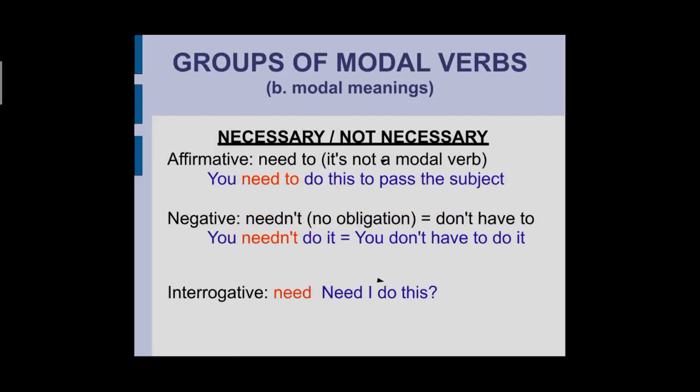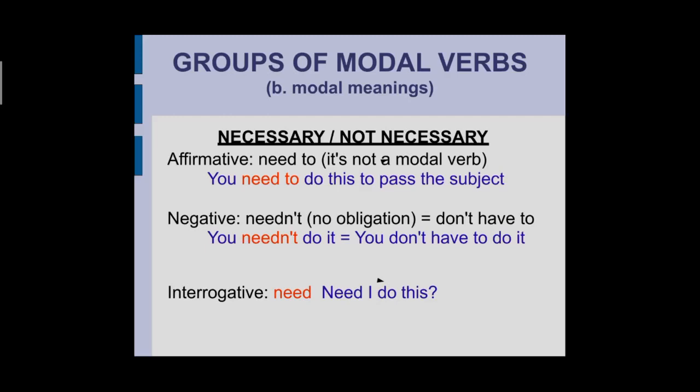Now necessary and not necessary. ये डिटरमाइन करने के लिए भी मॉडल वर्ब कैसे यूज़ करते हैं. Let's take a look. Affirmative. Need to. हमको इसका बहुत ज़रूरत है. Affirmative means positive. Negative. Need not or needn't.